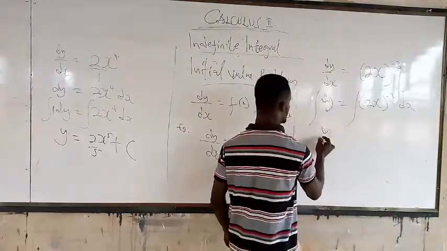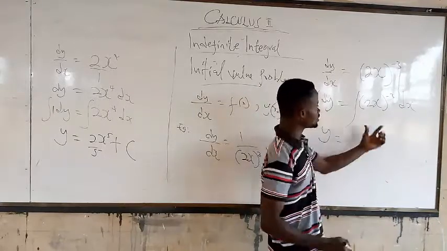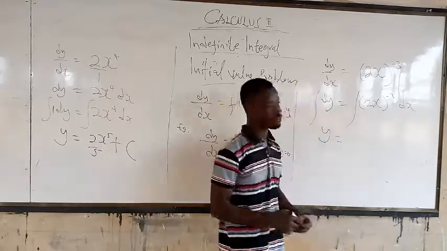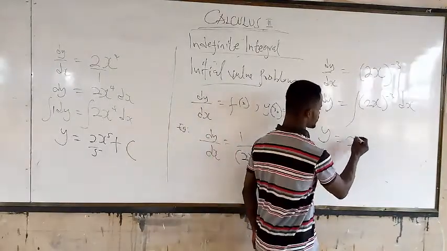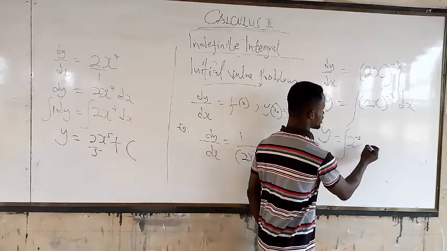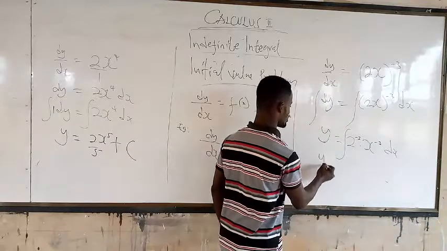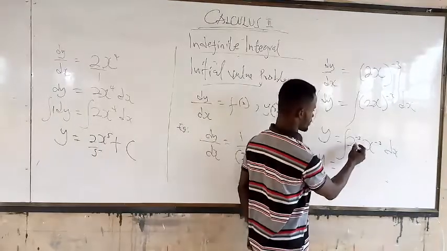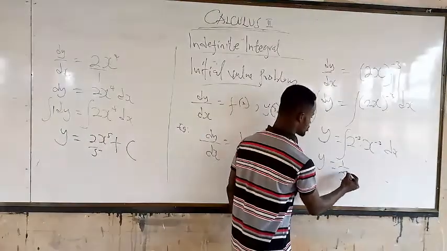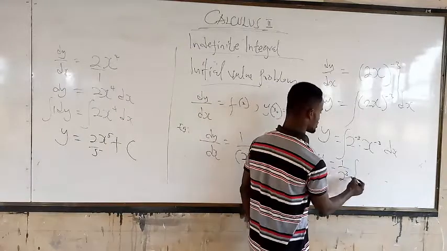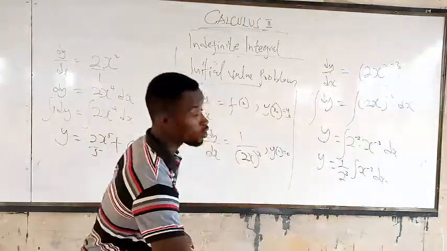And this you get y, and this 1, 2. When you integrate this, you have to be careful in the integration here. Here we know that this constant will affect this, multiplying by s of this ds. And here you get y is equal to 1 over 2 raised to the power 3. Then the integral of x to the power negative 3. Hope you are following.